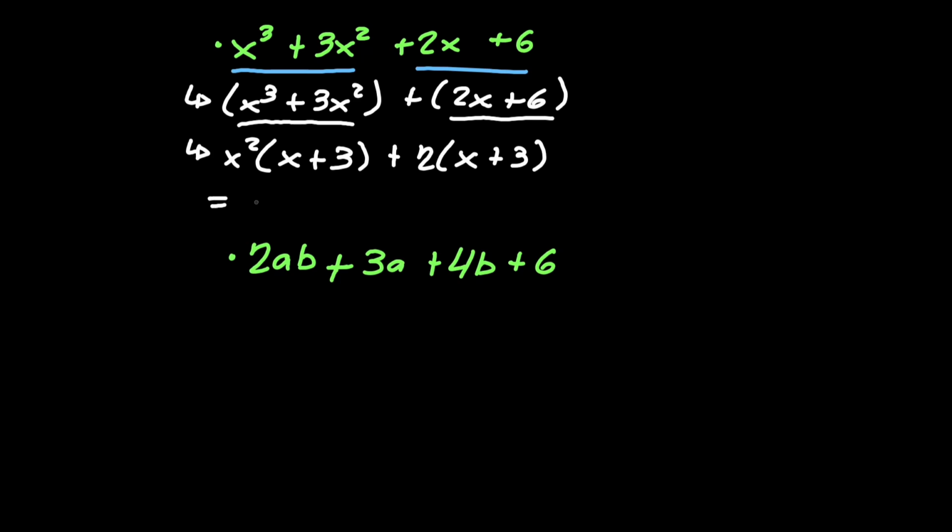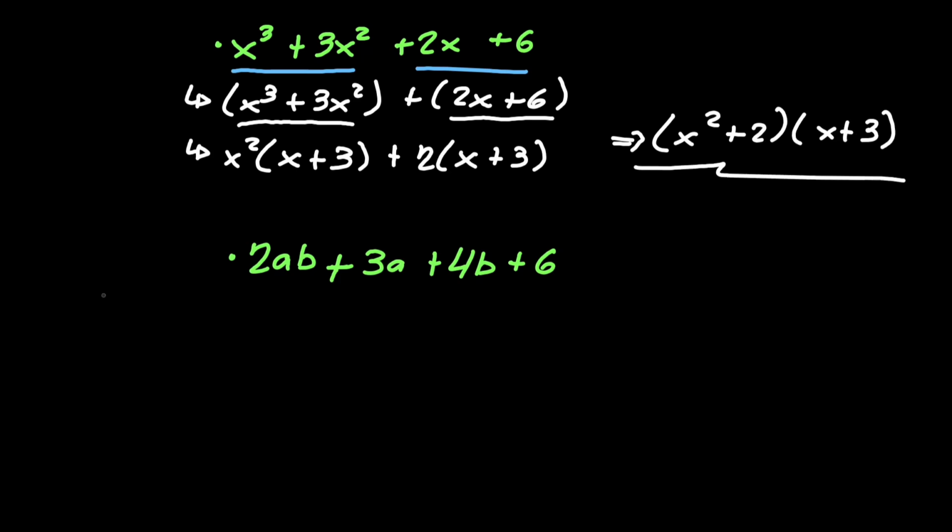And now the final answer here would be x squared plus 2 multiplied by x plus 3. Wait, let me just rewrite this in here. The final answer would be x squared plus 2 multiplied by x plus 3.